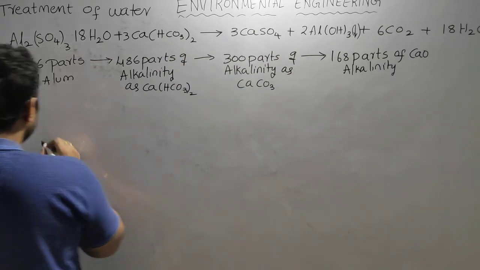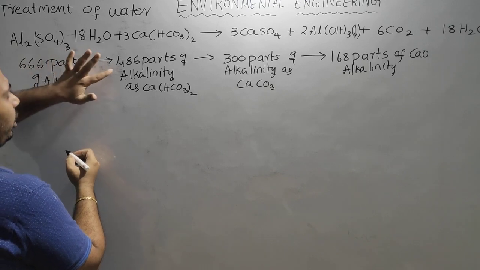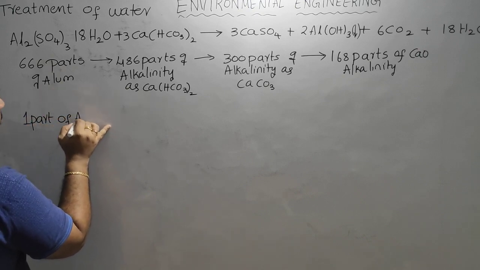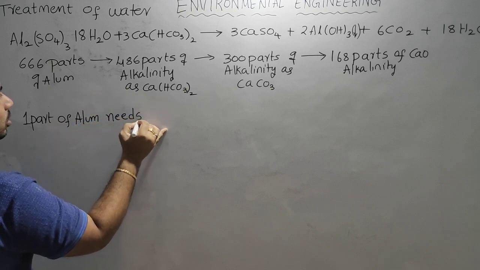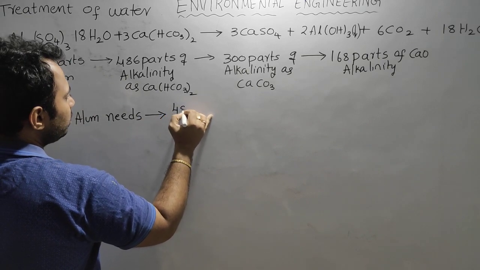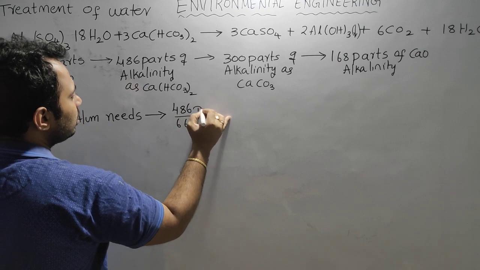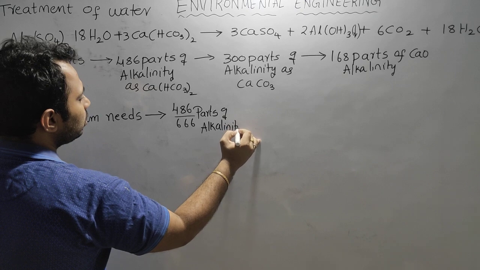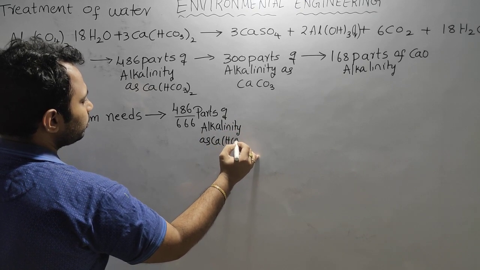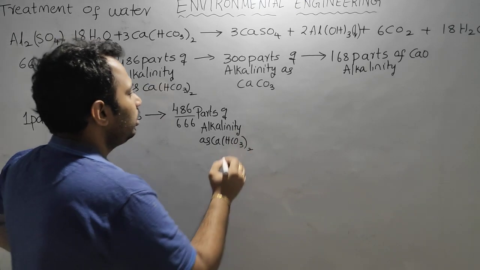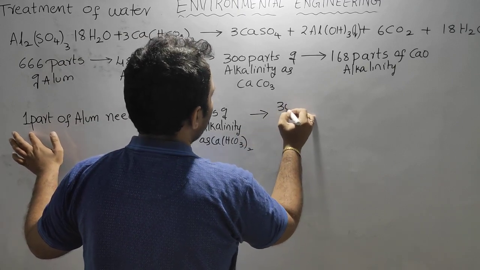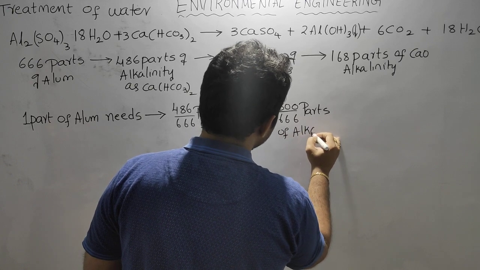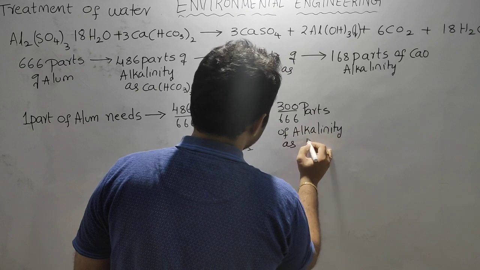So now we can write the equations like this. If 666 parts of alum needs 486 parts, then one part of alum needs 486 by 666 parts of alkalinity as Ca(HCO3)2. Similarly, one part of alum needs 300 by 666 parts of alkalinity as CaCO3.